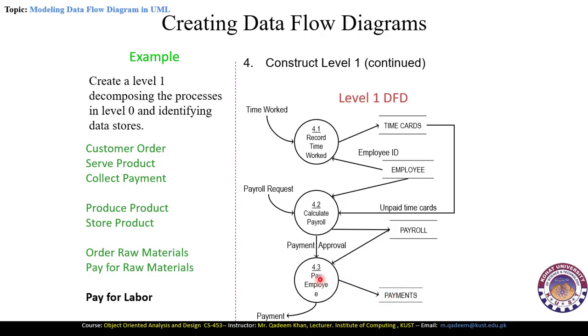So this information is provided to the payments, and the payment is produced for this particular month to pay the employees. So this is the level 1 DFD for every process.